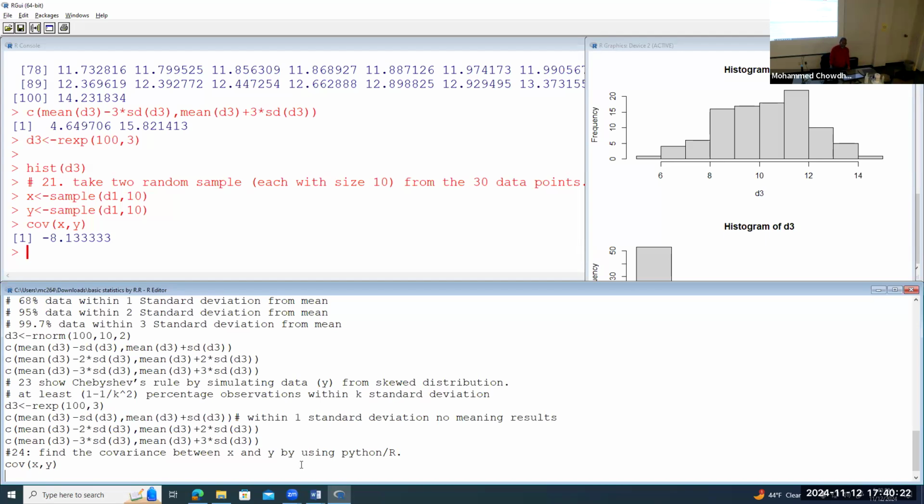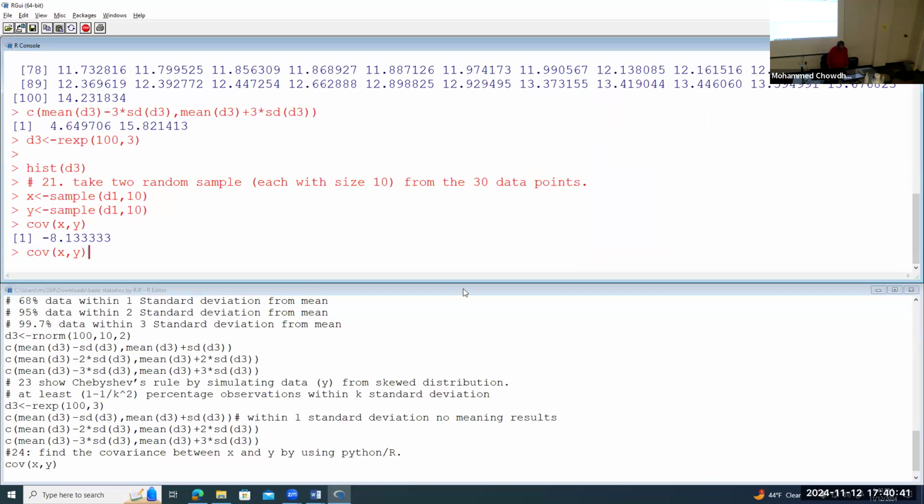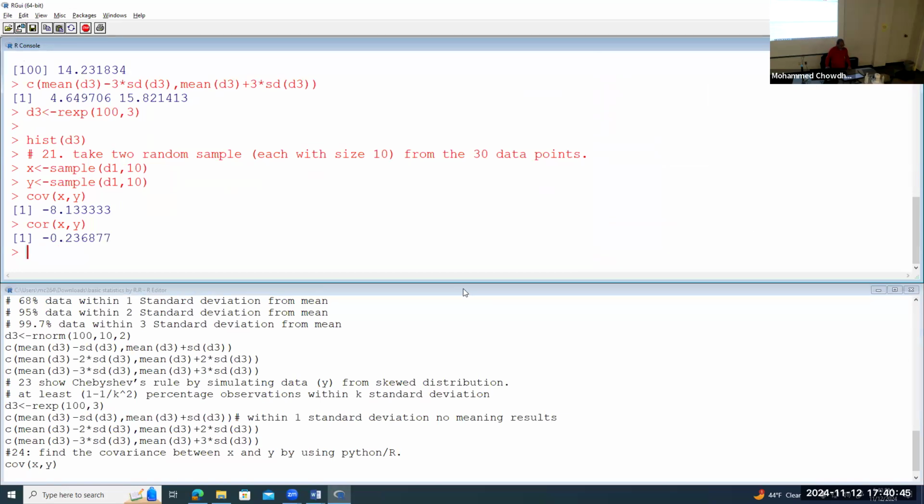So in order to overcome this difficulty, statisticians and mathematicians developed correlation. Correlation has a lowest value of -1 and a highest value of +1. For example, if you just write cor, it would be any number from -1 to +1.